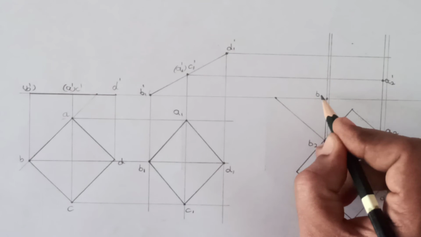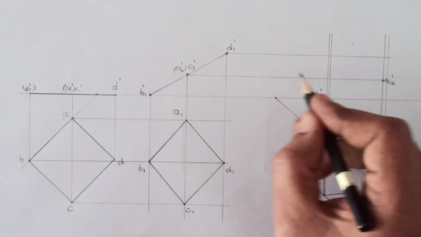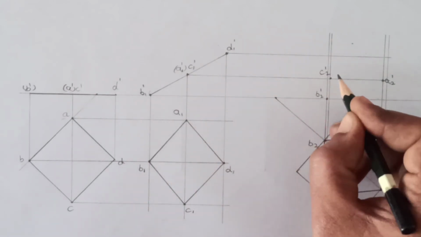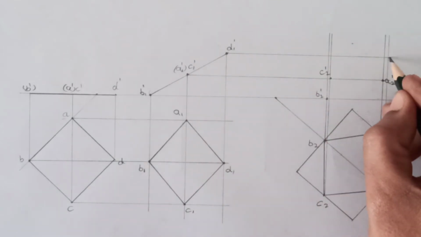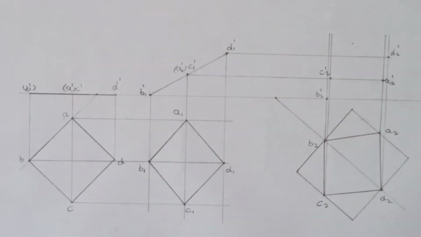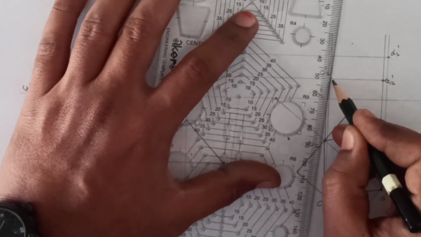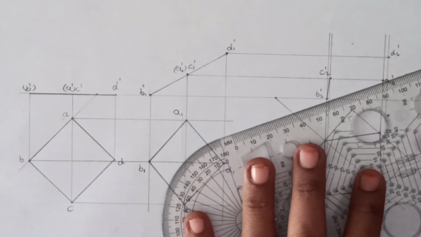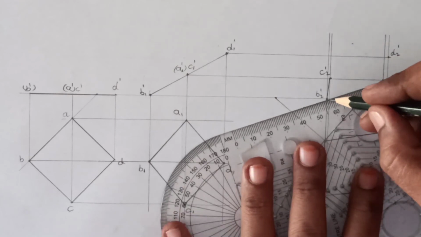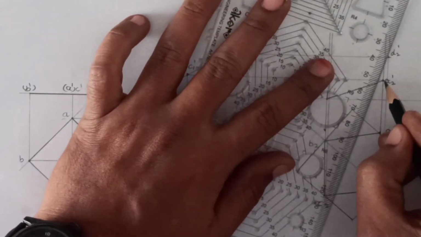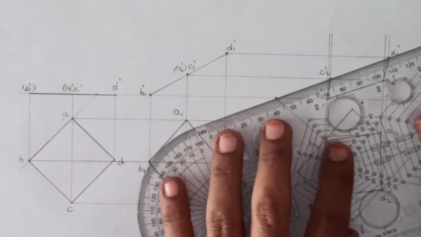Similarly, the respective point intersections are found and marked as B2 dash, C2 dash and D2 dash. Finally, A2 dash is connected with B2 dash, B2 dash with C2 dash, C2 dash with D2 dash and finally D2 dash with A2 dash.